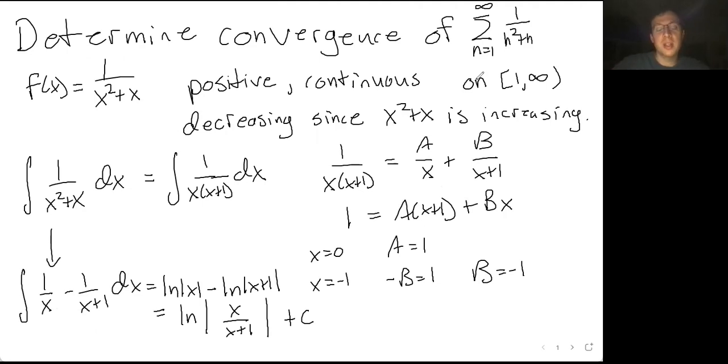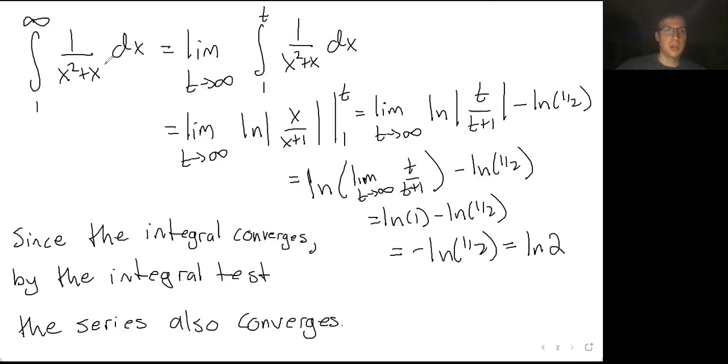And the way that we will be using it is, given a series, find the corresponding improper integral. So from the series 1 over n squared plus n, we looked at the integral of 1 over x squared plus x. We evaluated that, we found that it converged, and the integral test says then that the series you started with also converges.